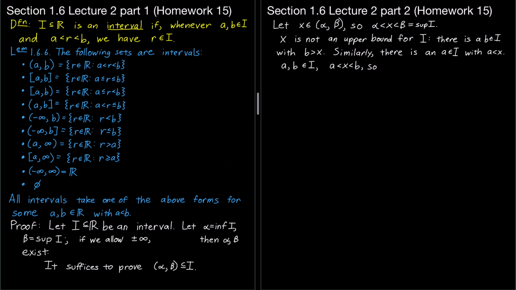So by definition of interval, we have that x is in I. So that tells us that if I is an interval in the sense of the definition given above, then I contains this open interval from alpha to beta, and then maybe we throw in alpha, maybe we don't, maybe we throw in beta, maybe we don't.